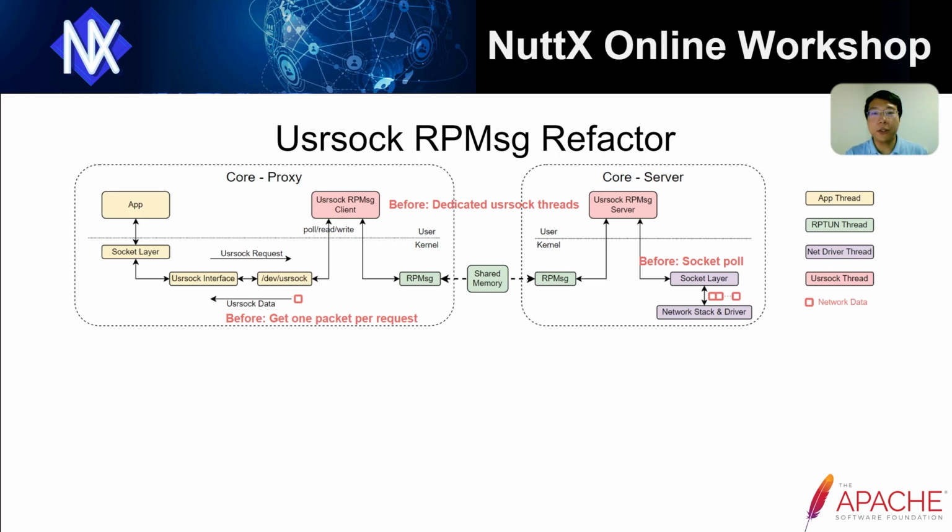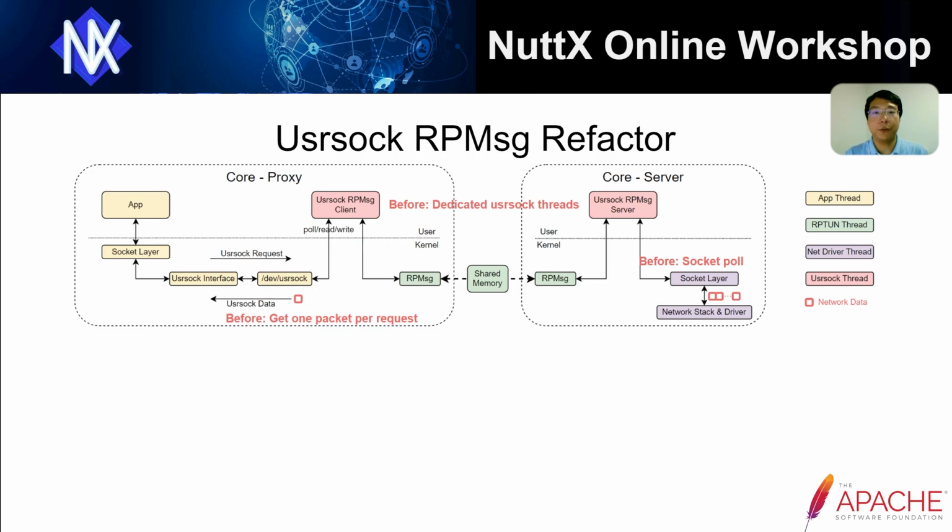The UserSock RP message client will send these socket operations as UserSock requests to the server core by RP tunnel, which also has its own thread. When the core running the UserSock RP message server receives the UserSock request, it will post this message from the RP tunnel thread to the UserSock RP message server thread, and then the final socket operation is generated and the actual network-related work will be done in the net driver thread.